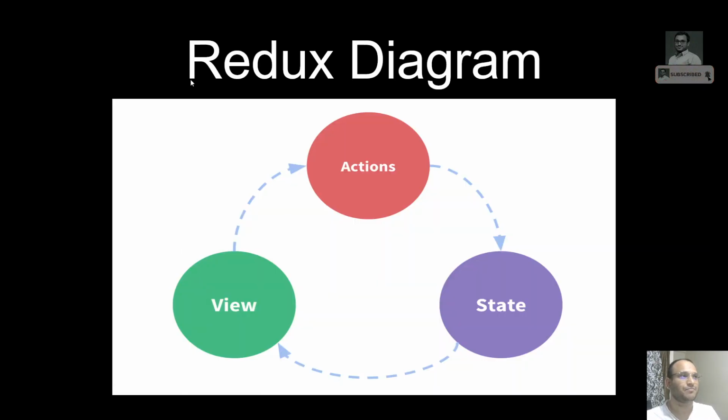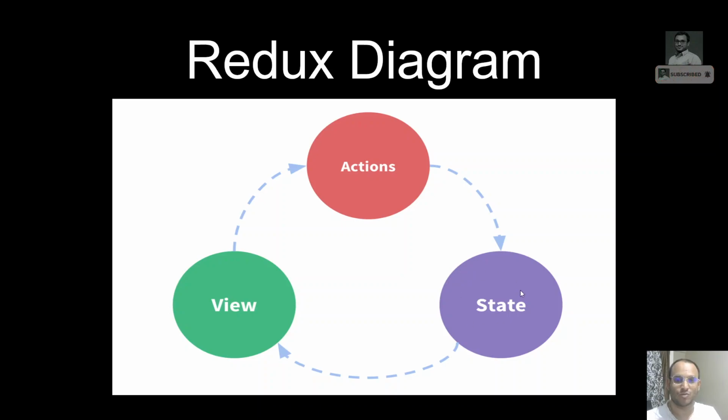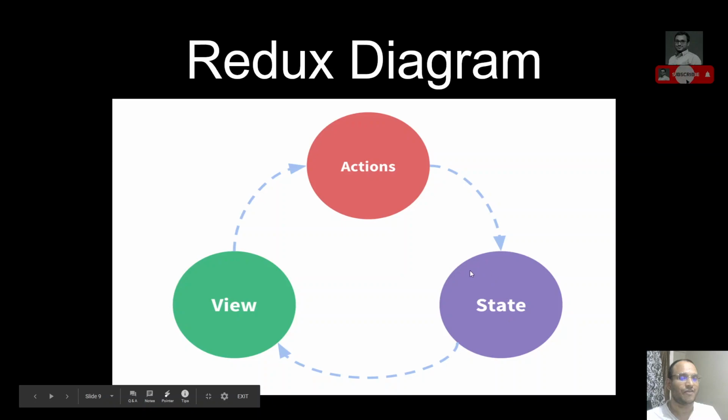And now this is the diagram. The view is our React component, and the state is present in the globalized application state. Whenever we want to update the state, we need to call an action, and this action will update the state, and when the state is updated, it will automatically go to the view.